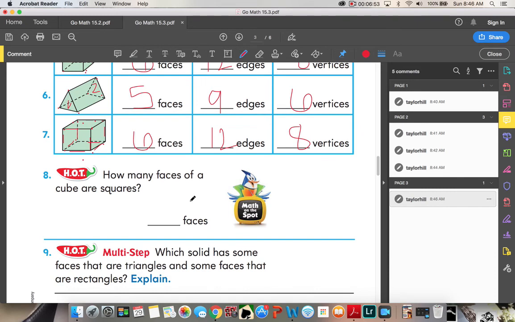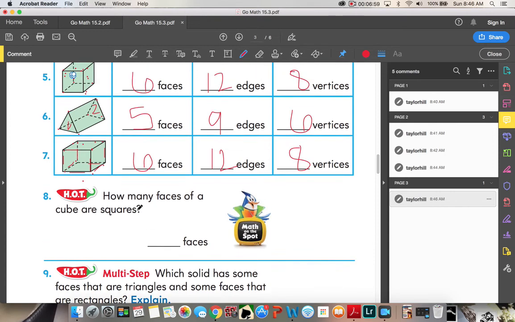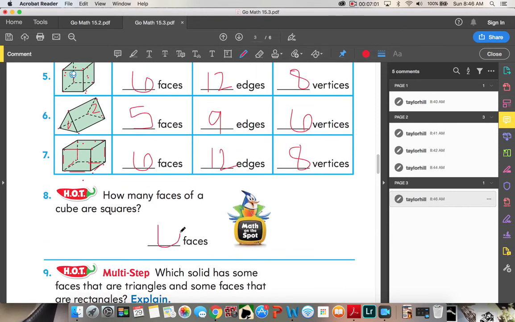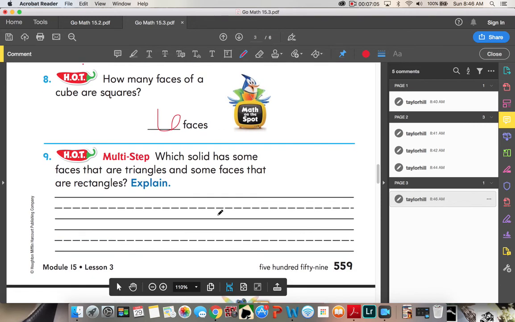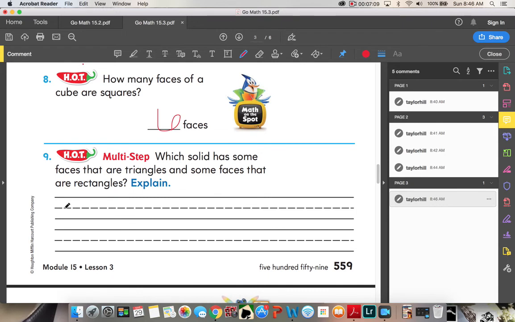How many faces of a cube are squares? Tricks on you. Joke's on you. All of the faces of a cube are squares. So there are 6 faces. Which solid has some faces that are triangles and some faces that are rectangles? Explain. Okay, so which solid has some faces that are triangles?